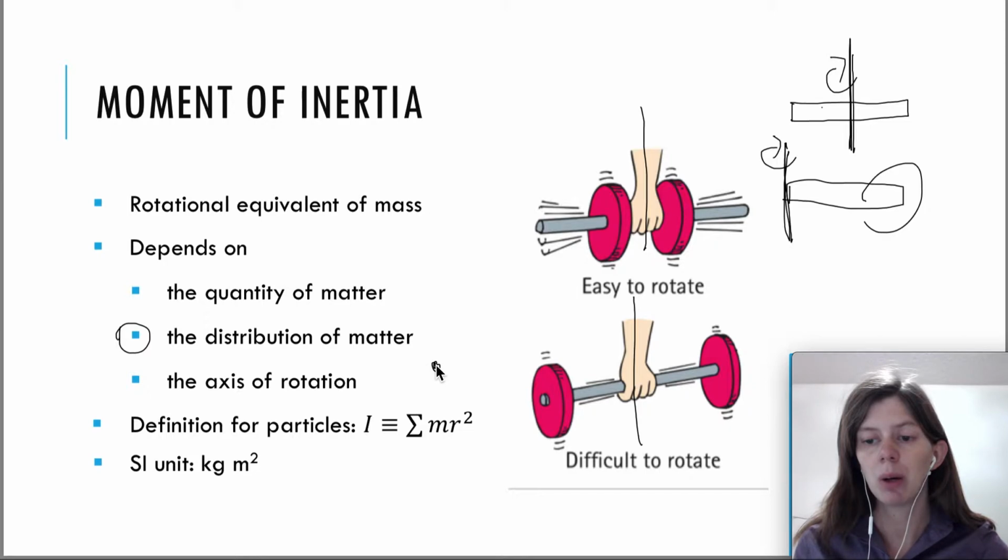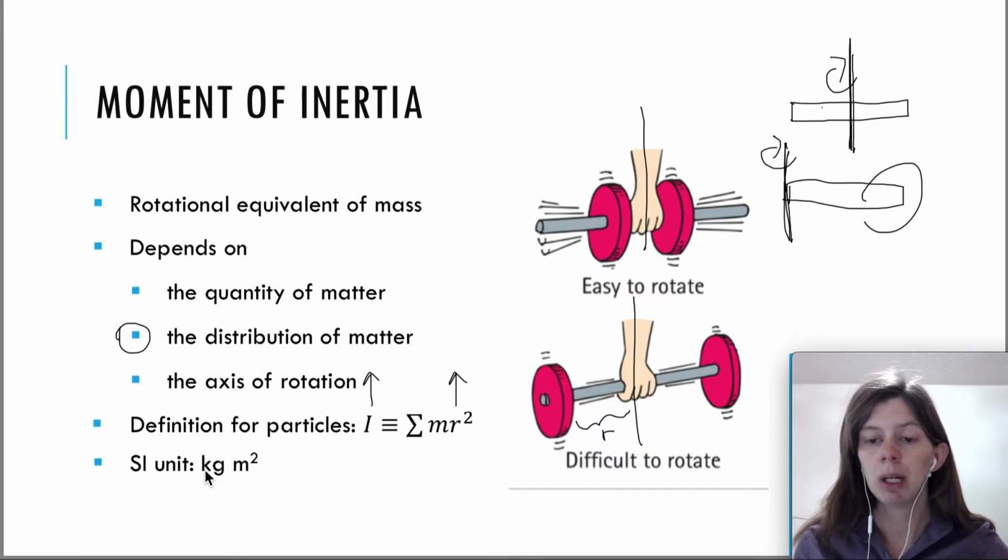Just pretend that the masses are very tiny, they don't take up any space, we just care about how massive they are. The more massive they are, the bigger the moment of inertia. And likewise, the further away they are concentrated from the axis of rotation, that's the r, in this case the distance r here, the bigger the moment of inertia.